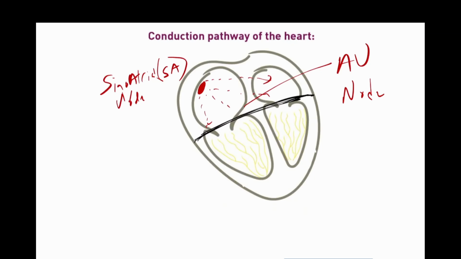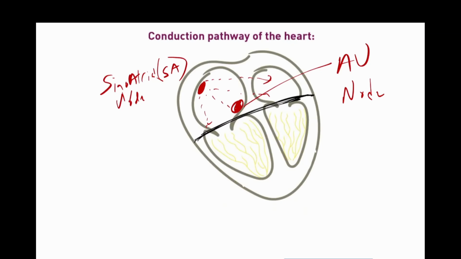And the AV node, I just deleted. Right there. Okay, there's the AV node. This is the only place electrical activity can get from the top to the bottom. So if you ever heard of an AV block, it's happening here, preventing the signal from getting from the top to the bottom.